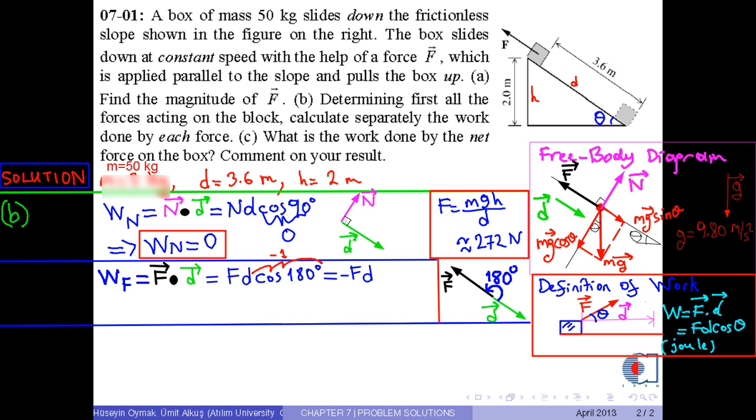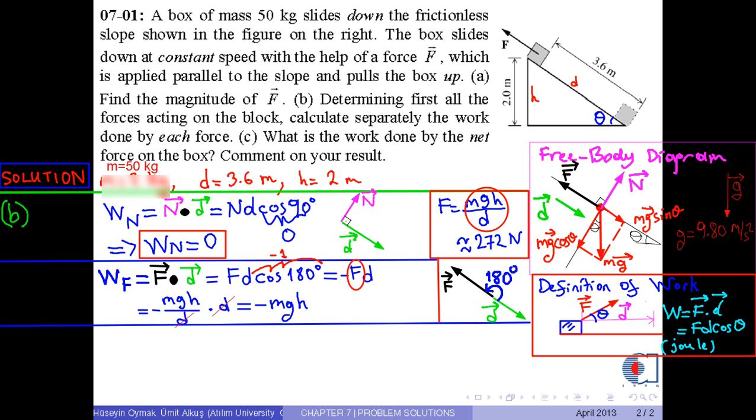Using the formula of F that we have found in part A, we can write minus m times g times h over d times d. Here, these are cancelled. Then we finally get minus m times g times h.